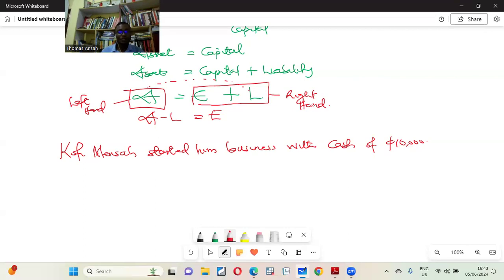So think about it. When I meet you, we are going to go back and revisit this. So I need you to get some understanding on what an asset is. We will look at it into detail. We will look at equity into details. We will look at liabilities into details. So this one, what is the name that is given to the money that we use to start business?